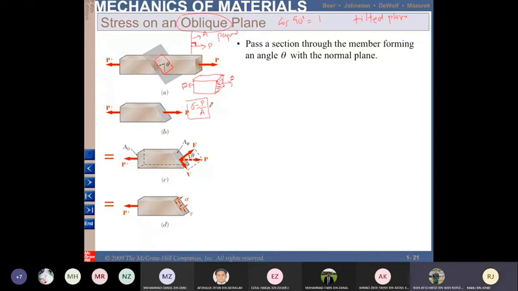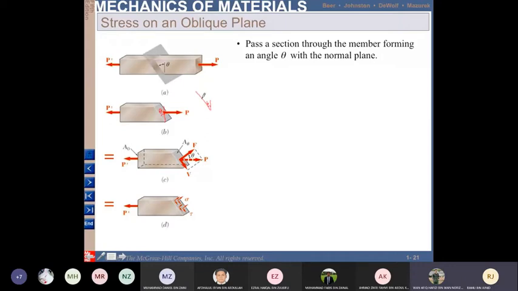Okay, so this is the area, and this is the theta. If you draw like this, this is the theta.